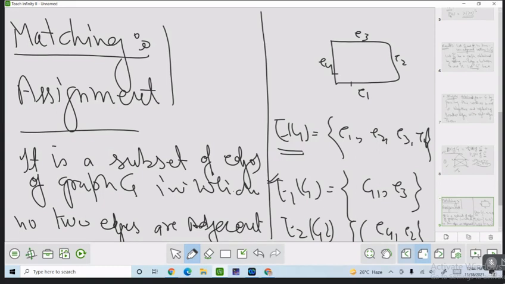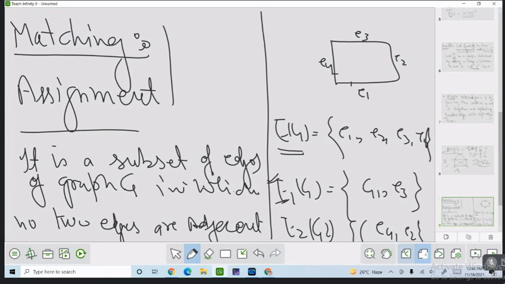Okay, suppose in this matching I add one edge of the graph, then what will happen? Will the resulting collection be a matching or not?